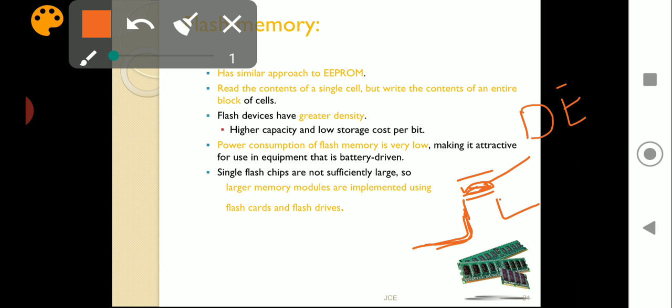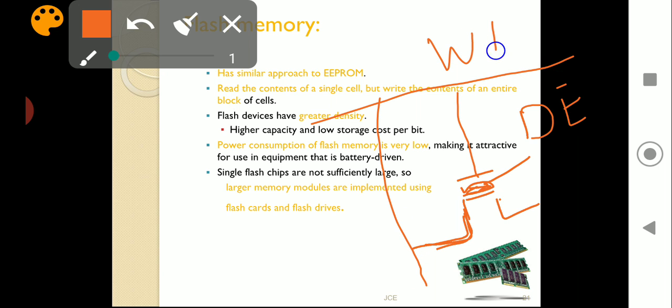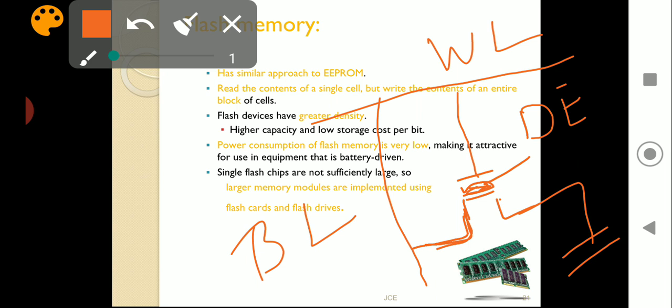Now how are the connections, friends? You already know these connections; we are well versed with these things. This is your word line, this is your bit line, right? And at the other end, what we had earlier was a switch, but now we have a capacitor. So we'll put a capacitor here, and from this capacitor we'll draw it to the ground.